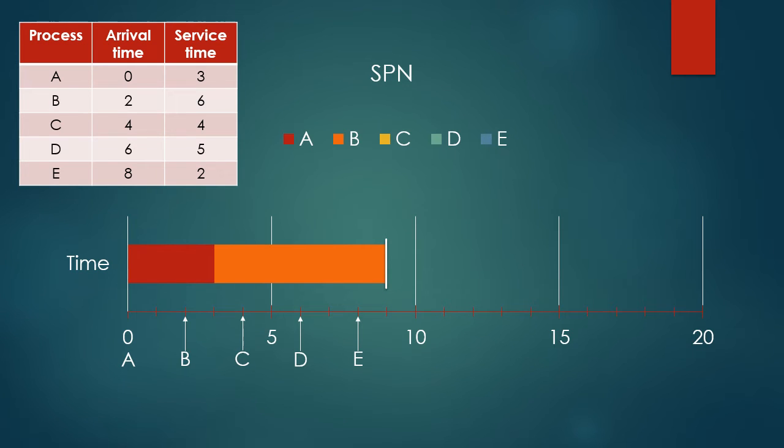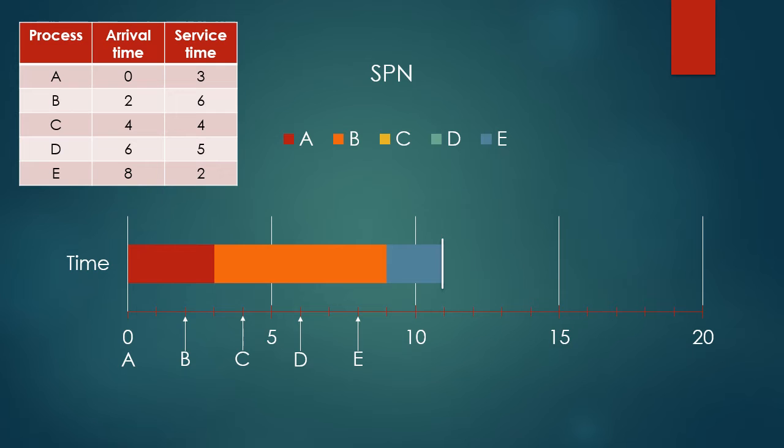At 3, the dispatcher realizes that only B is present in the system. So it gives the processor to B. B runs for a full 6 seconds. During this time, C, D, and E arrive into the system.